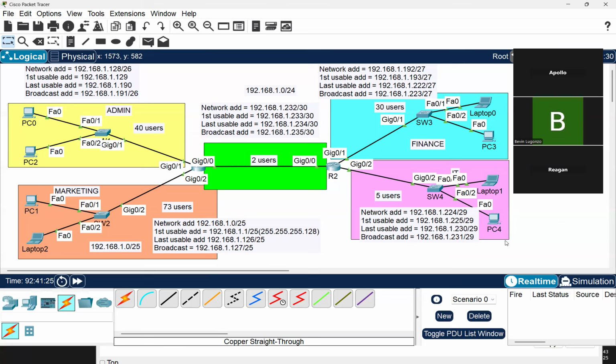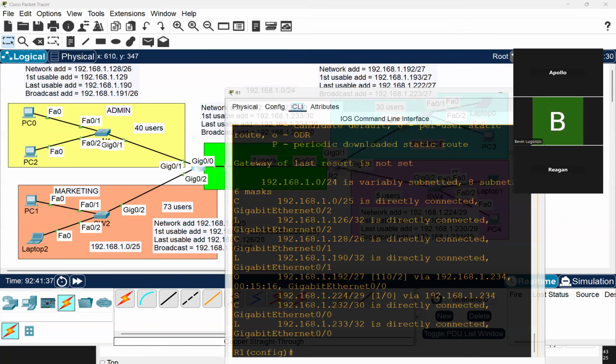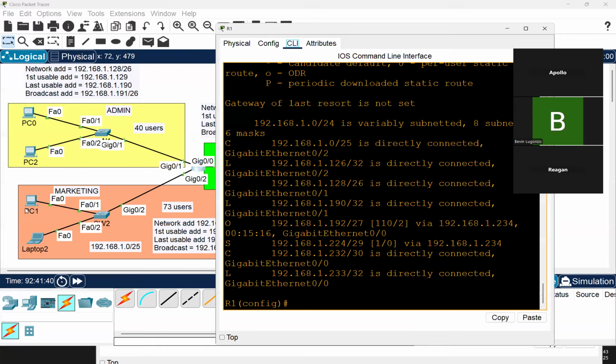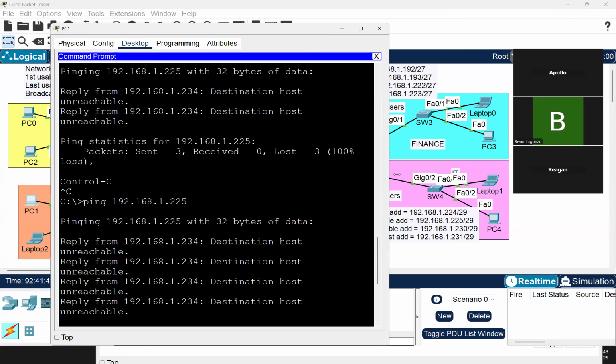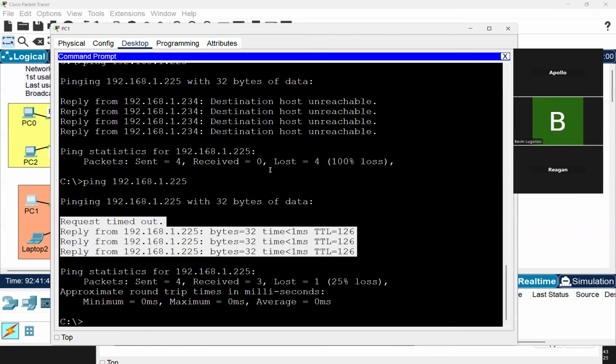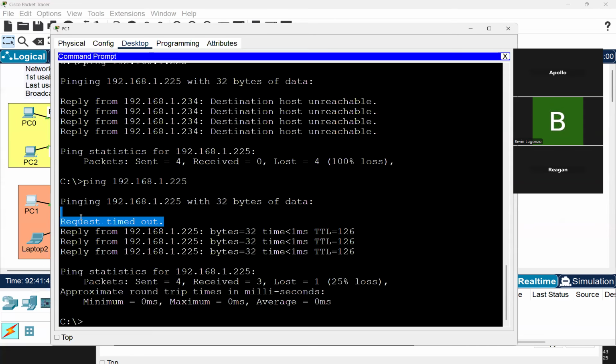Maybe just to ask, at what point do you get timed out and at what point destination unreachable? Okay. When we get timed out, let's say here, the first one here was timed out. That request has a time that it waits for.